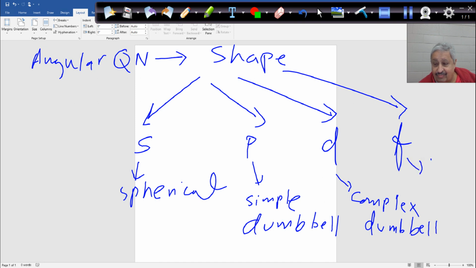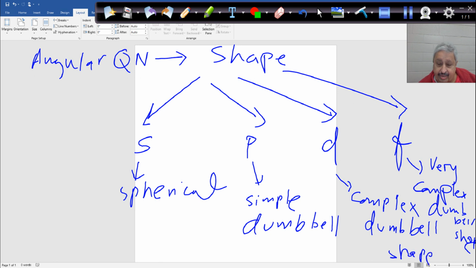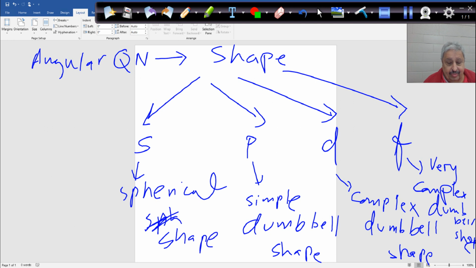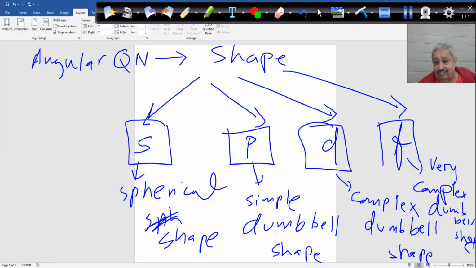And F is a very complex dumbbell shape. Okay, guys, so we have S, P, D, and F.